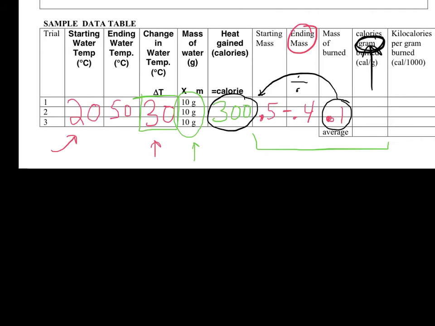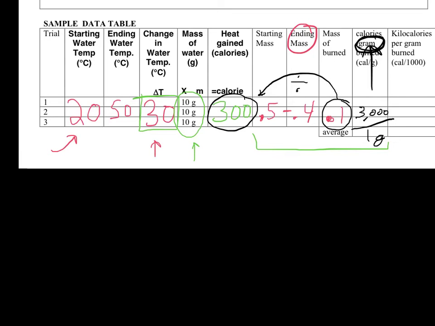When you do that, you would get 3,000 calories in 1 gram. Okay, so you'd have 3,000 calories in a gram if you take 300 calories divided by 0.1, which is the amount burned. You'd get 3,000 calories in a gram.